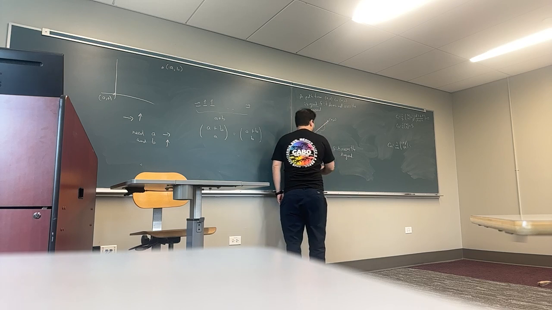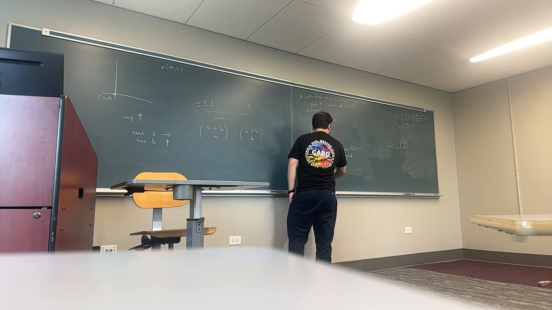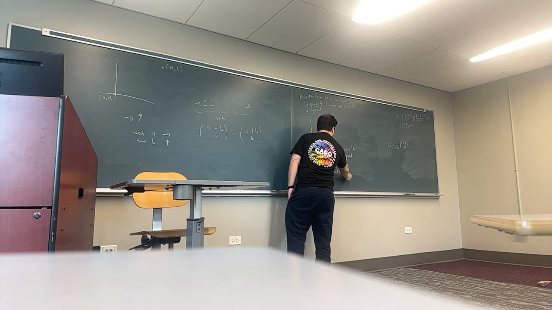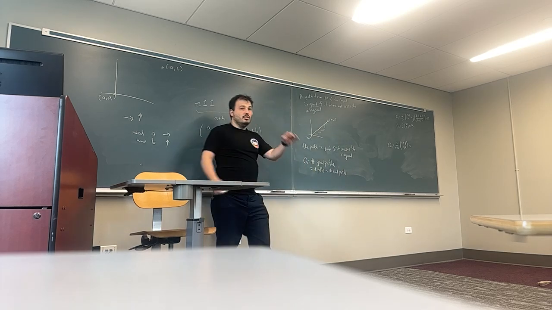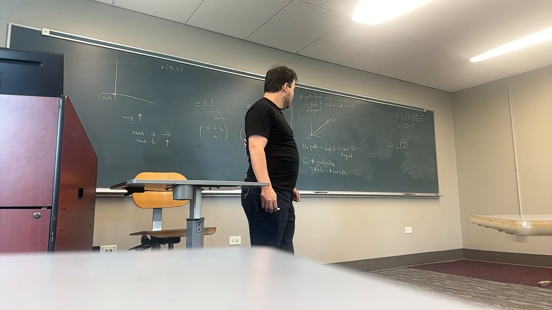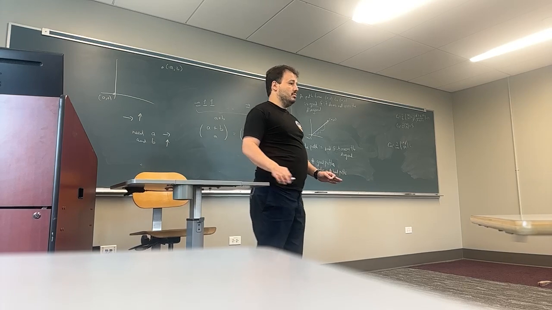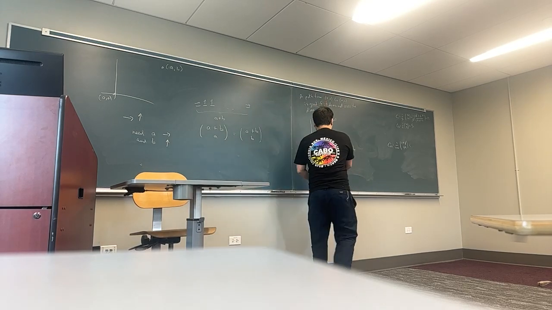But the number of good paths is the same as the number of paths minus the number of bad paths. So maybe it's easier to count the bad ones than the good ones. Let's count the bad ones.